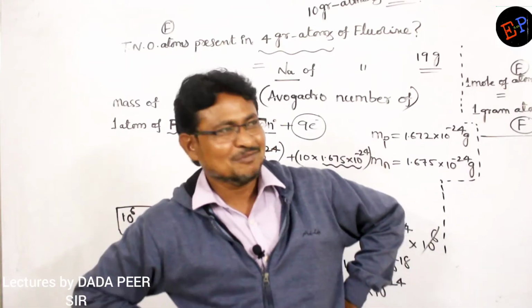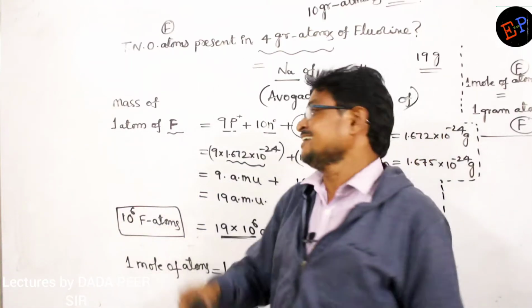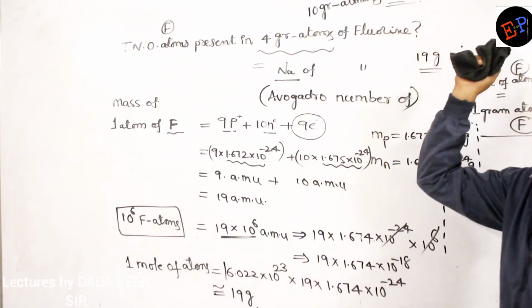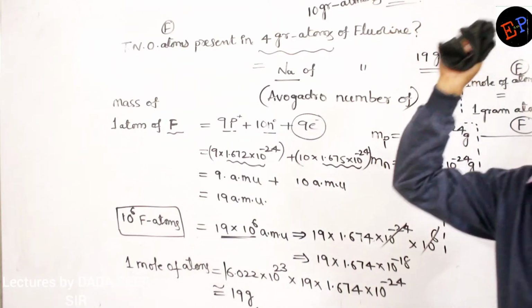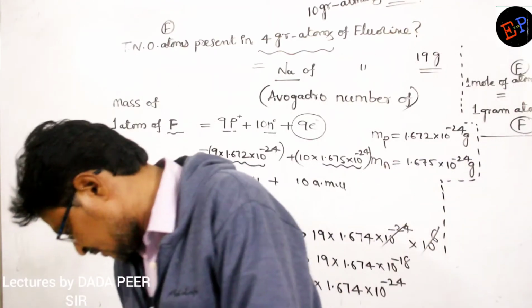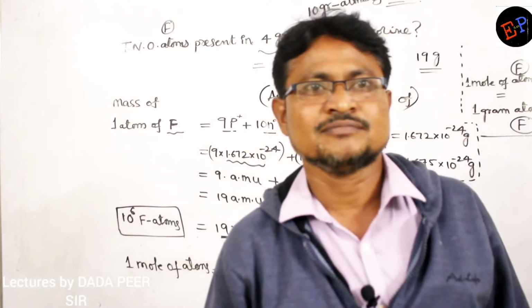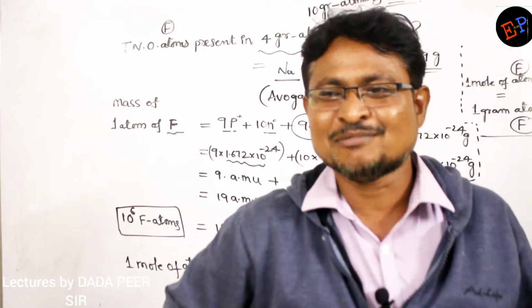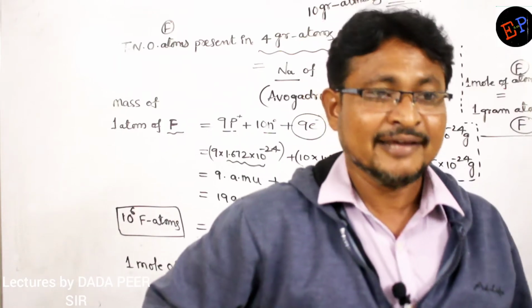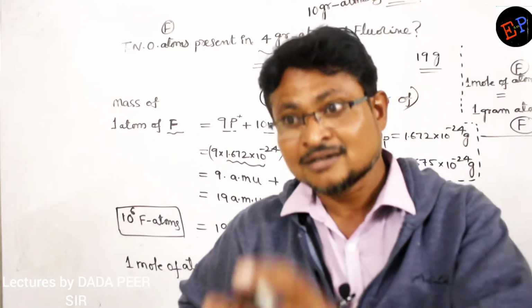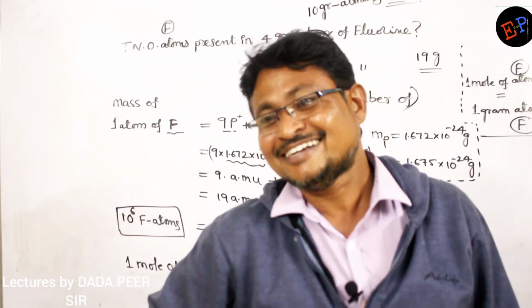Oh, you are habituated to options. 10 gram atoms of lithium. Option A: 10 moles of lithium atoms. B: 10 atoms of lithium.